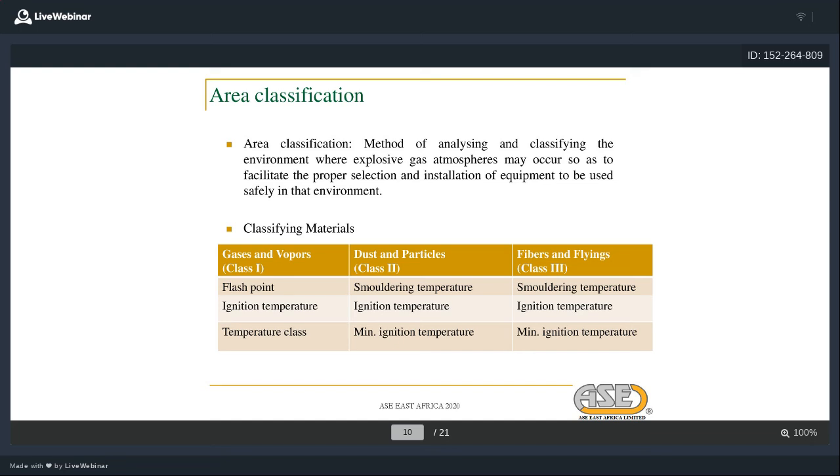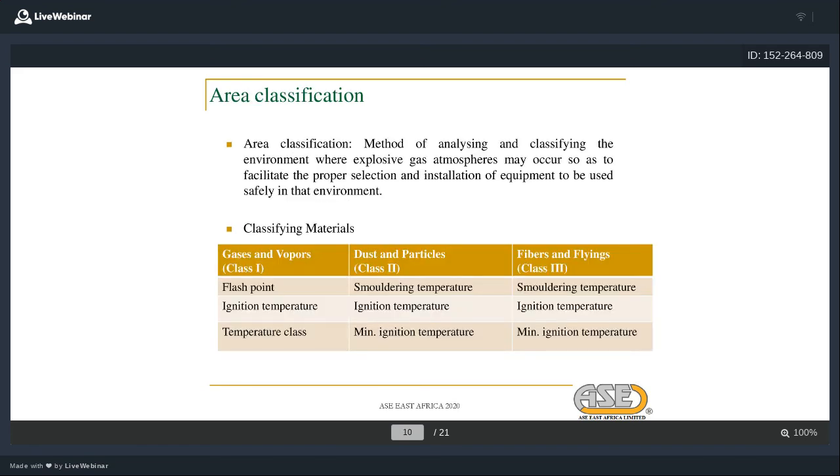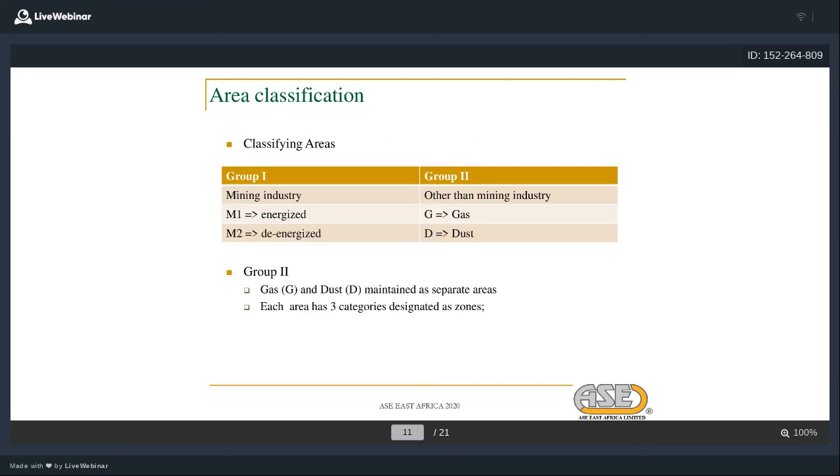And fibers and flyings, so we have class 3. These too can be subdivided into 3 groups. After knowing the material which is found in that area, we then have to classify that area or classify the equipment to be used in that area.